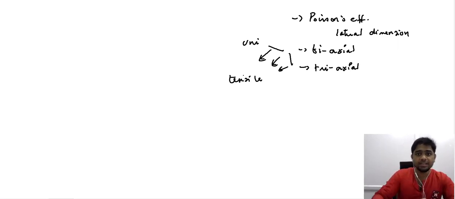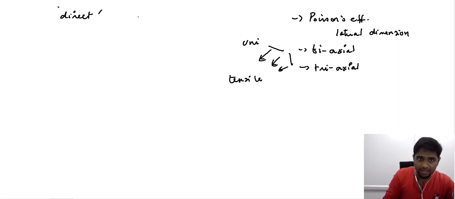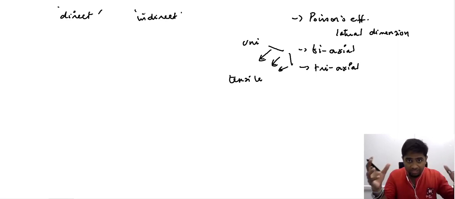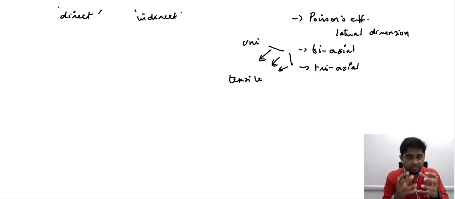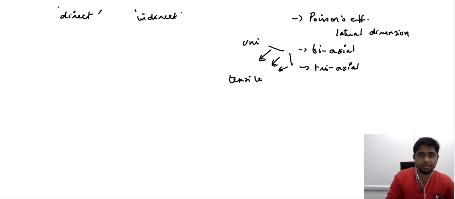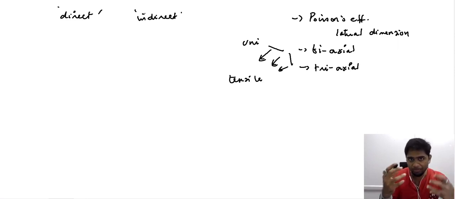Now we saw that in case of triaxial tensile loading, the response offered by the material can be categorized as direct and indirect responses. Of course, this categorization is for our convenience, and the direct response is along the direction of the loading, and the indirect response is perpendicular to the direction of the loading, and this can be represented by appropriate notations.